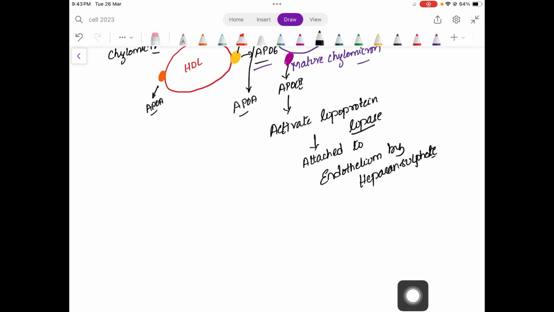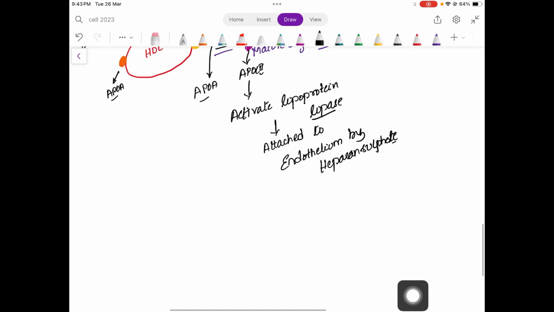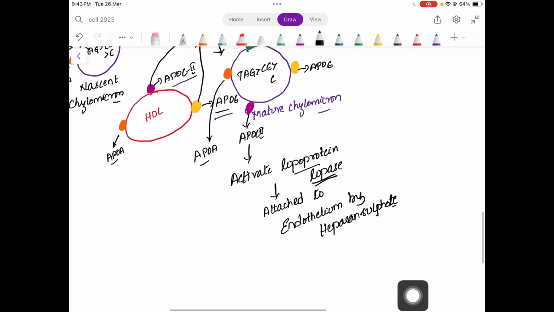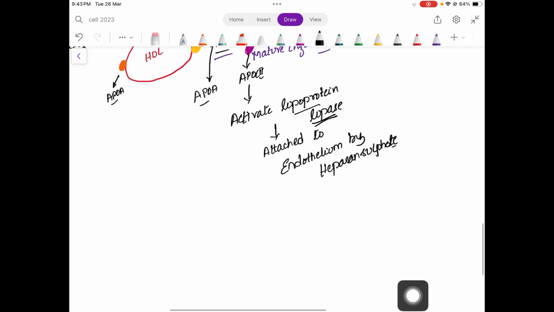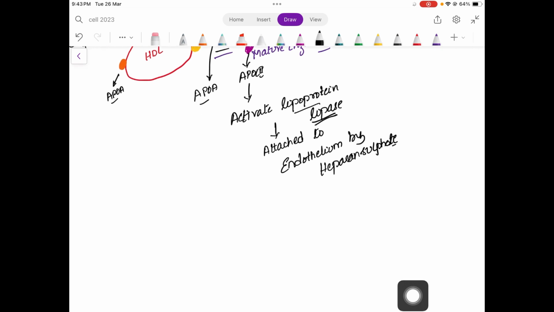Whenever chylomicrons reach the systemic circulation and whenever they reach the muscle, adipose tissue and heart, this lipoprotein lipase is released from the endothelium and it will degrade triacylglycerol present in the chylomicron.